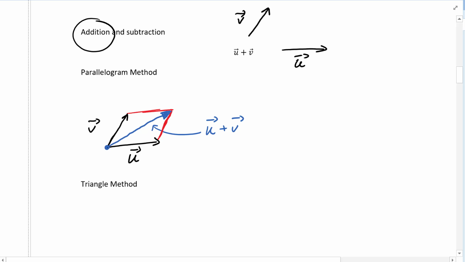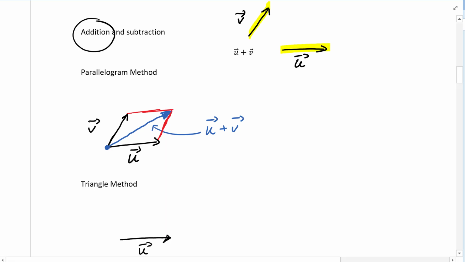If we want to add U and V using the triangle method, again, we start with U, the same length as the U we have. Let's not forget, these are the two vectors that we are dealing with.